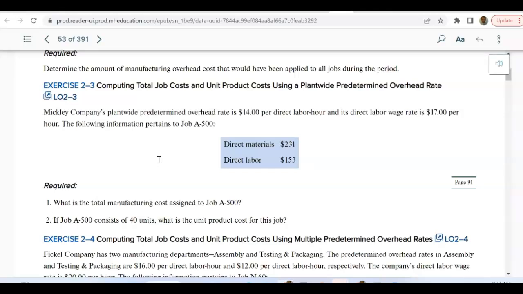And its direct labor wage rate is $17 per hour. The following information pertains to job A500. Direct materials, $231. Direct labor, $153. What is the total manufacturing cost assigned to job A500? If job A500 consists of 40 units, what is the unit product cost?